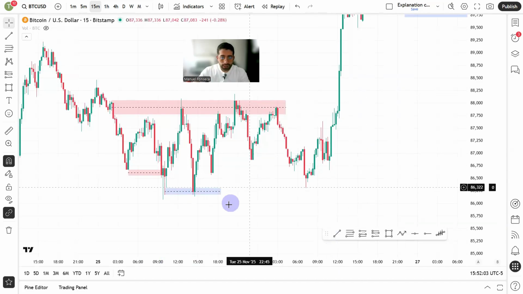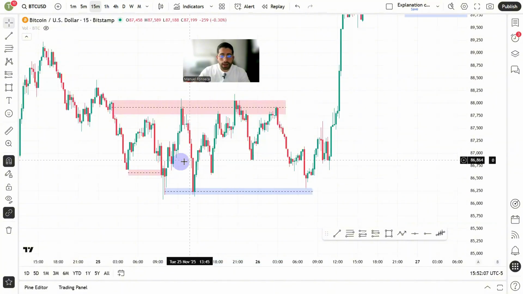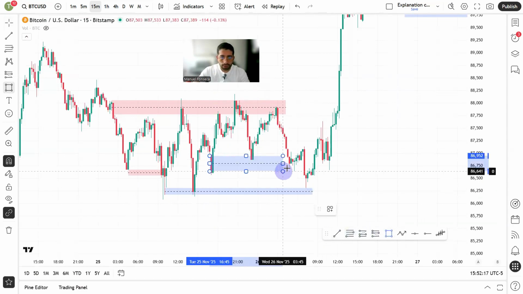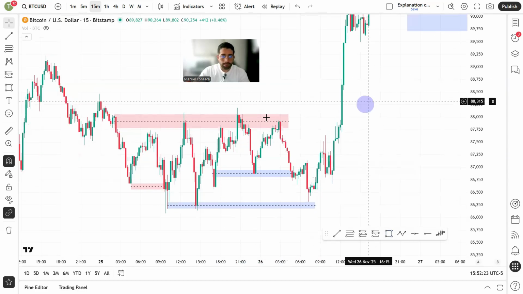Let's see another one. And in this case, particularly, it went down. So it went down, took the liquidity of the people who were selling here, buying here, pushed down, entered probably in an order block, and kept pushing up. But all the people who were selling here were out.